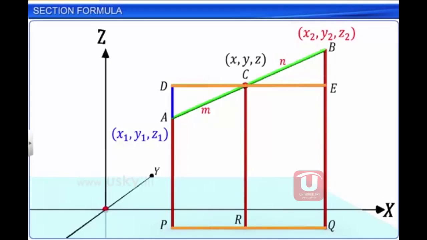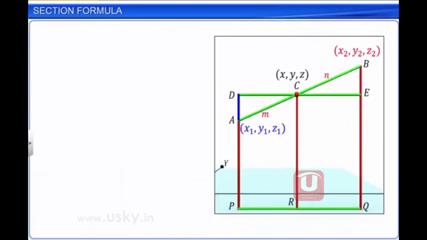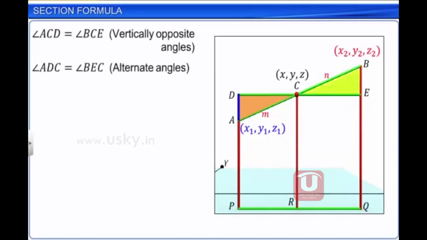Since AD and BE are parallel to each other, in triangles ADC and BEC we have. This implies that triangles ADC and BEC are similar. Therefore, this relation holds true for the triangles.